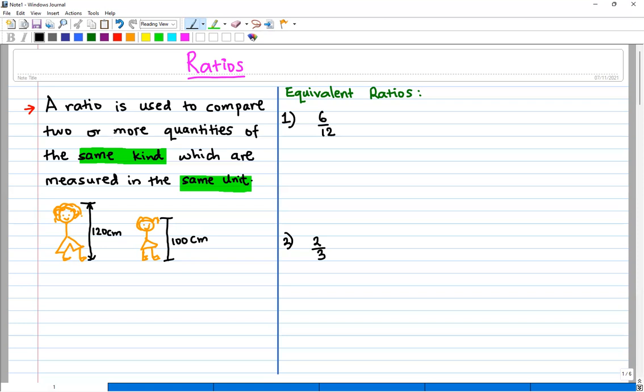Now, see the key point. The key point is that the units must be the same. That's why this is centimeter and this one is centimeter.